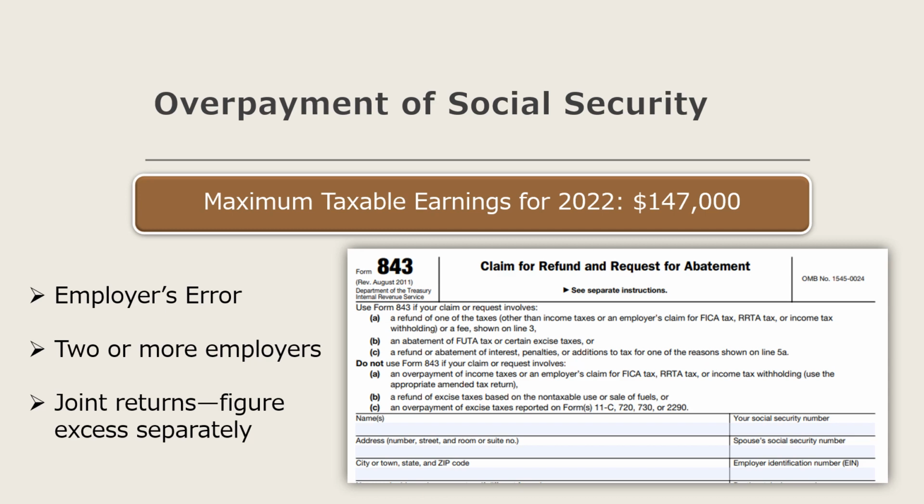It's most likely to occur where a taxpayer has 2 or more employers, or there's an employer error, in which case Form 843 can be filed to request a refund, and that's done with the return. It's important to note that for joint returns, the excess amount paid is figured separately because each worker is responsible for their own Social Security tax, regardless of marital status.